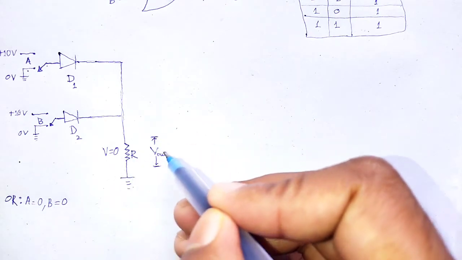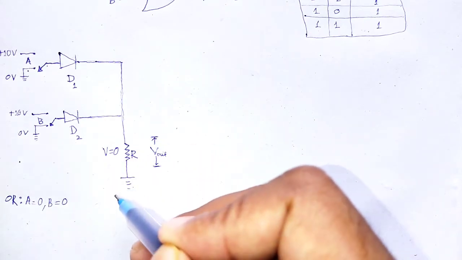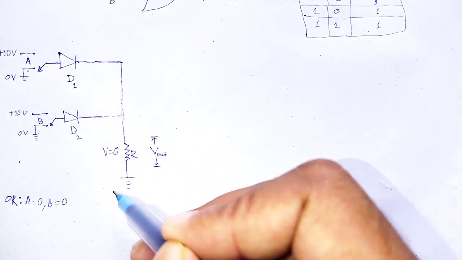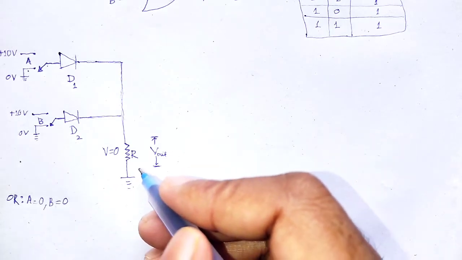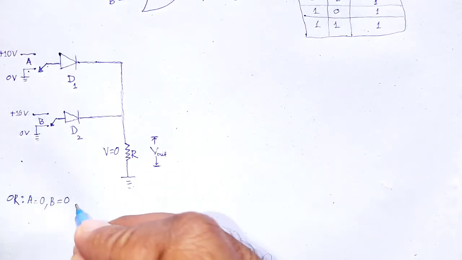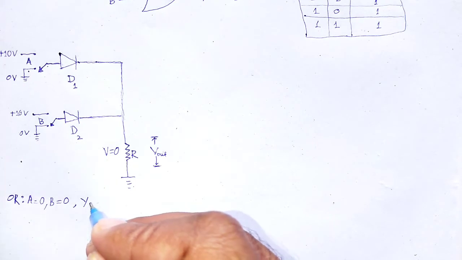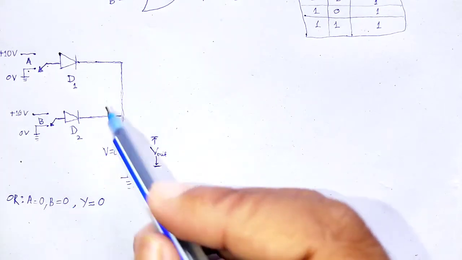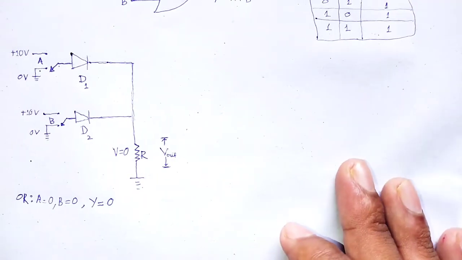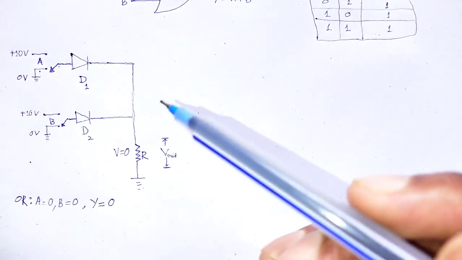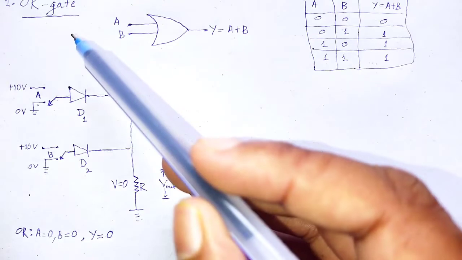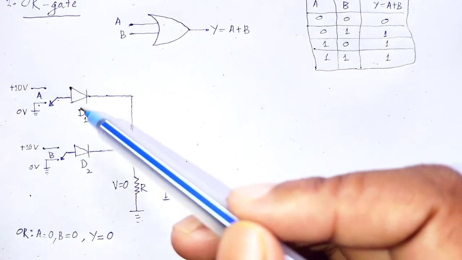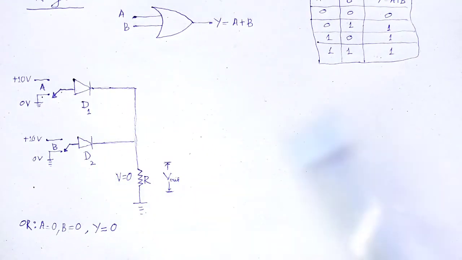So, the output voltage is equal to 0 volt. In binary notation, the output voltage level is treated as 0. So, Y is equal to 0 if A is equal to 0 and B is equal to 0. In this way, we realize the OR gate by using diodes.